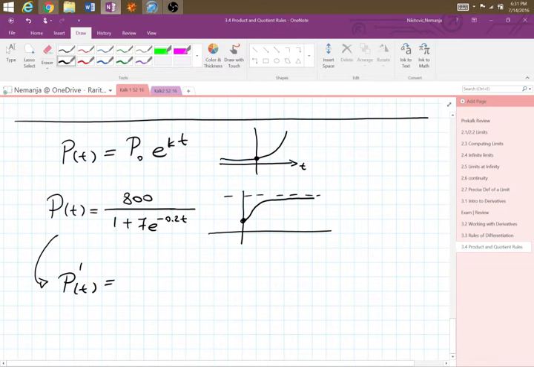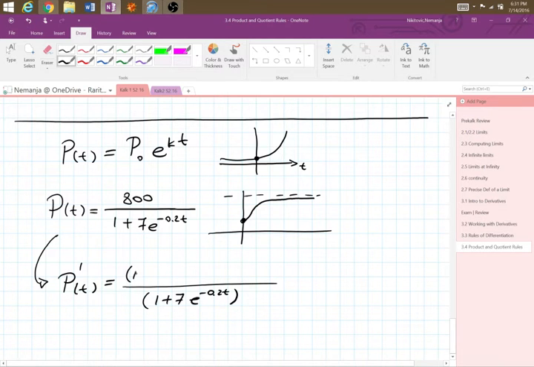So you are looking at the quotient rule in this case, even though you should be doing the chain rule later on, but let's focus on the quotient rule now. So you have this denominator squared.